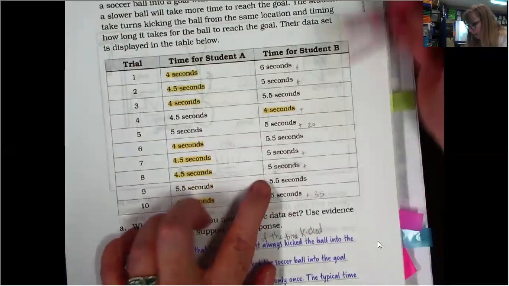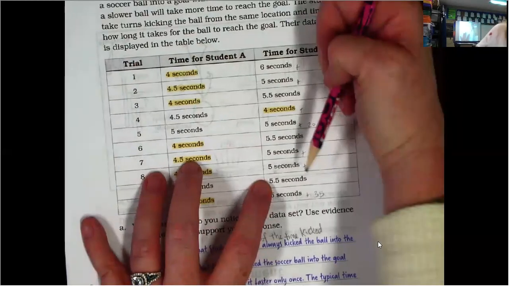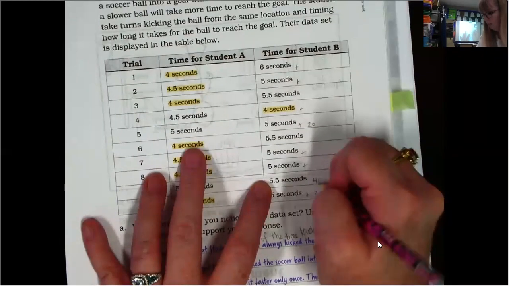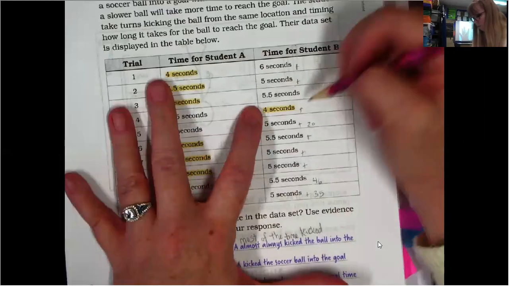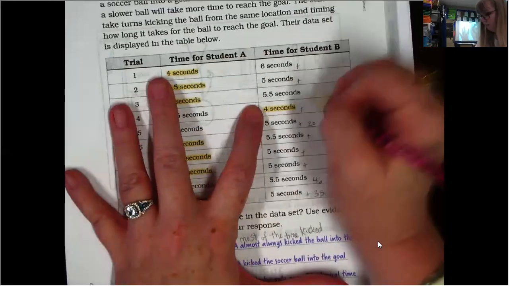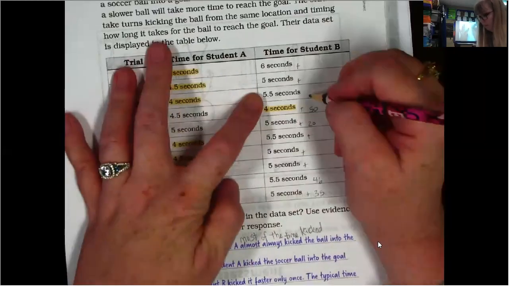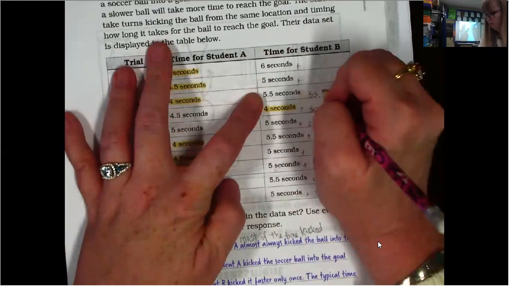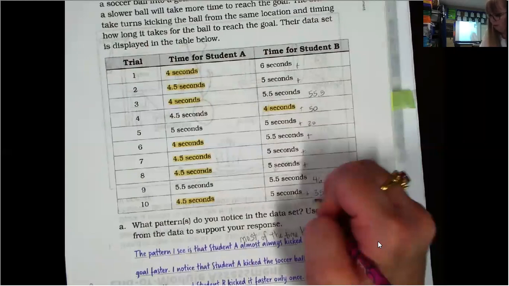So now we got 5.5 and 5.5 more. That's 11. That gets us to 46. We got 4 more. That gets us to 50. 50 plus 5 more is 55.5. 55.5 divided by 5 is 5.5.